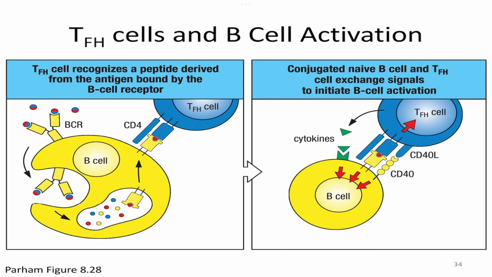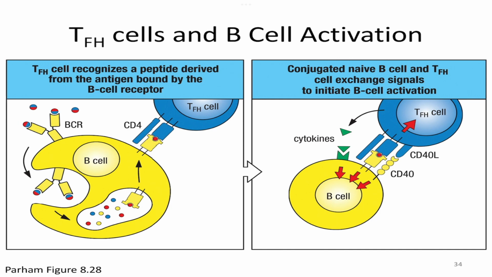do receptor mediated endocytosis to bring that antigen into the cell. That antigen will get degraded and presented on MHC class 2, specifically to a T follicular helper cell, since those happen to be the cells in the follicle that are happily specialized to produce cytokines and to help B cells.